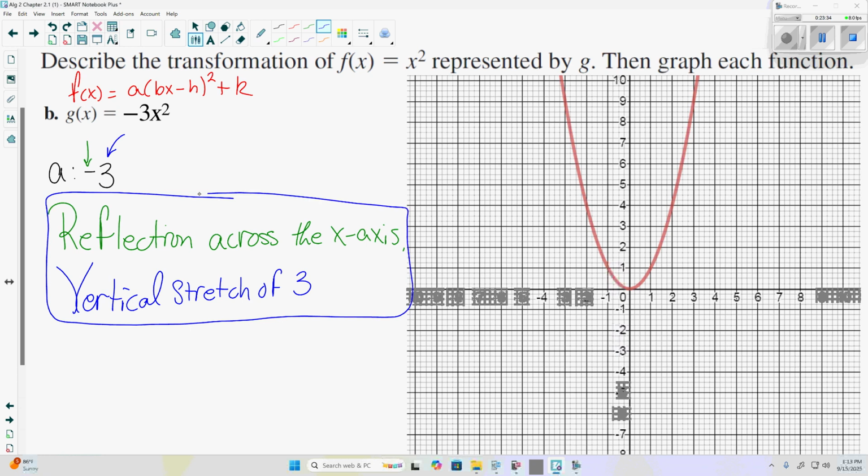Because that negative and 3 are two different transformations. Questions on this here?